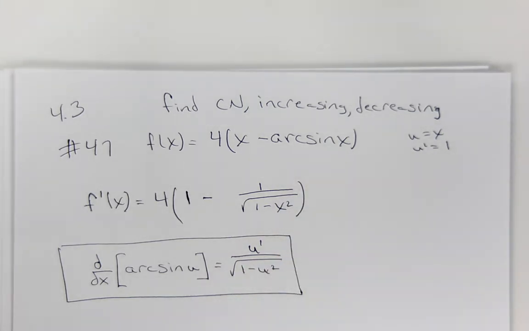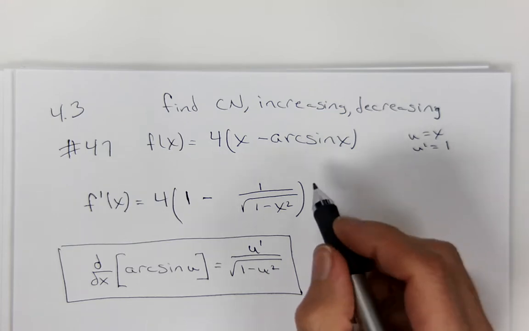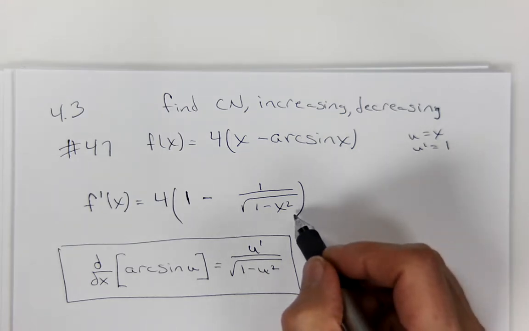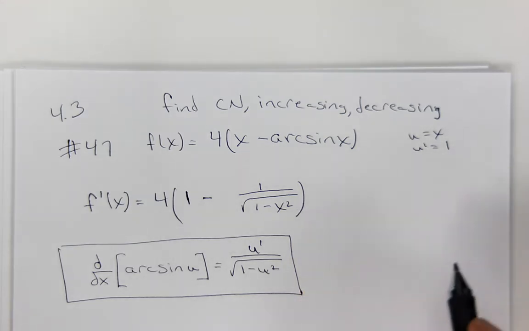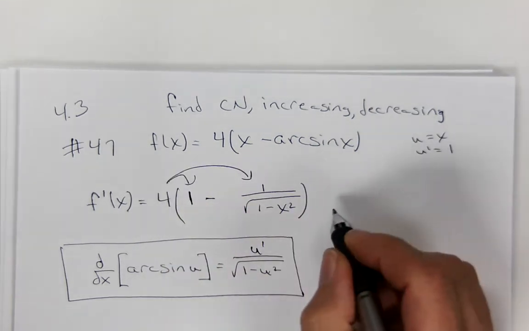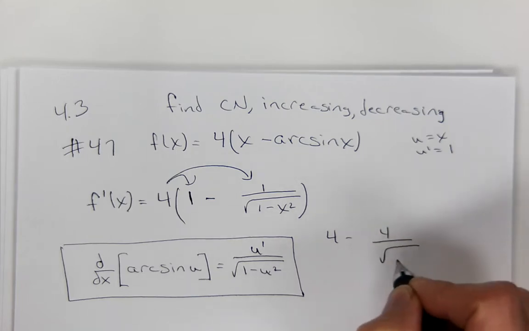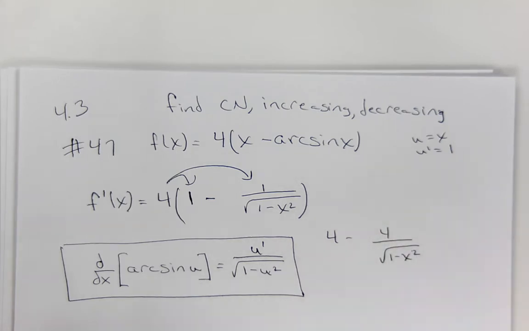And now we're going to set the derivative equal to 0 and find out where the first derivative does not exist. Places where the first derivative does not exist is where you zero out the denominator, and we can make this all into one fraction, so we'll multiply the 4 in, might as well. 4 minus 4 over square root of 1 minus x squared.